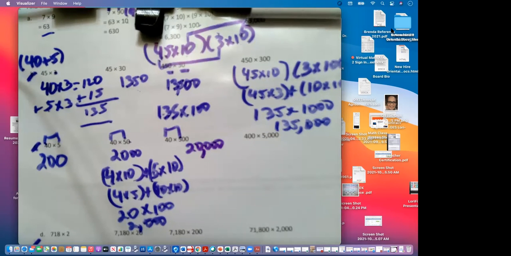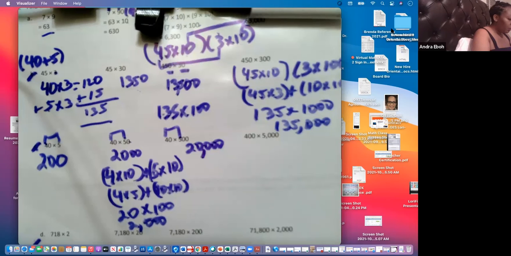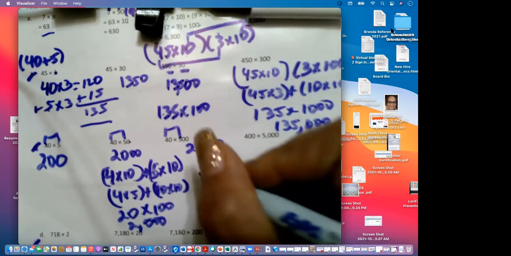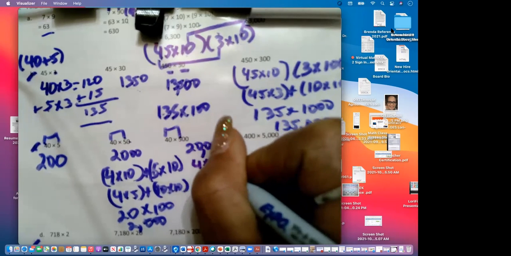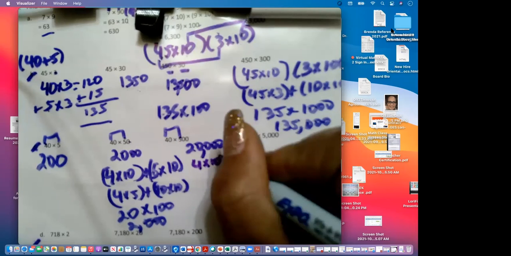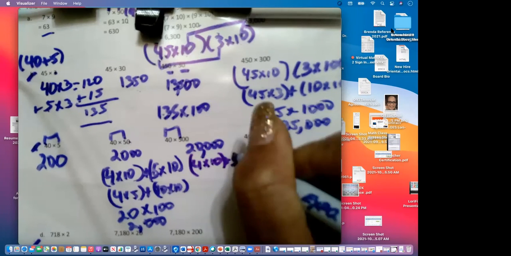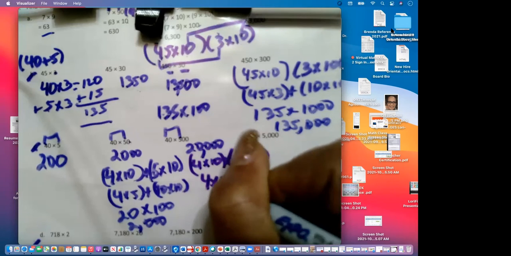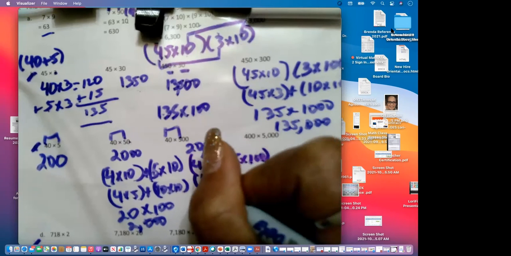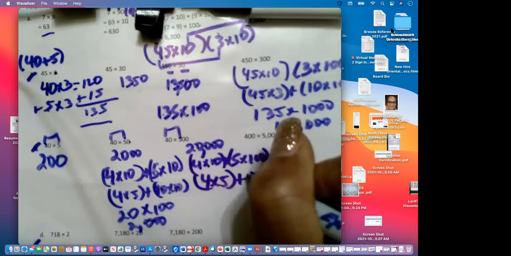Or you could have decomposed 40 to 4 times 10, 500 to 5 times 100, and put the basic facts together.